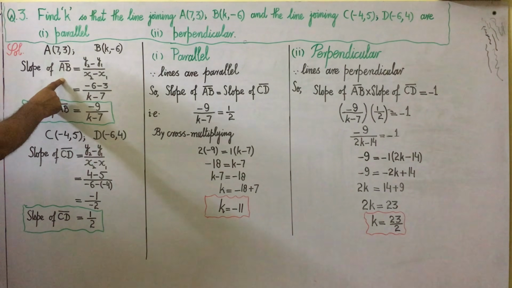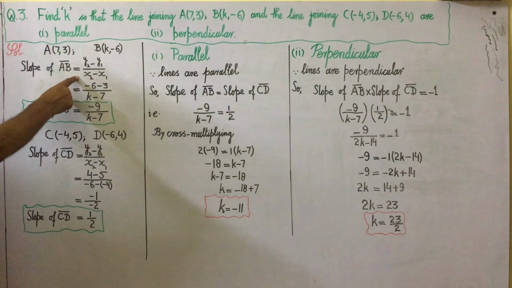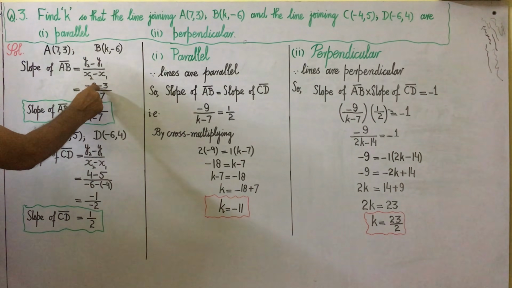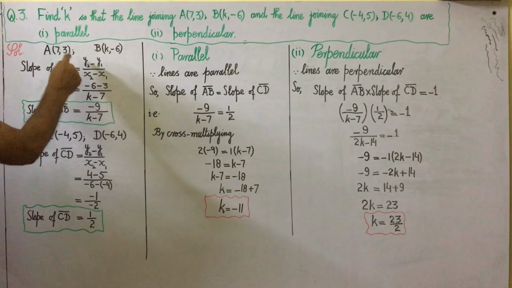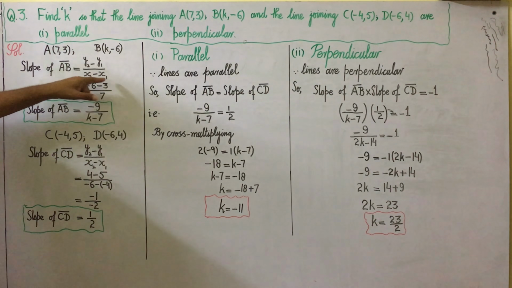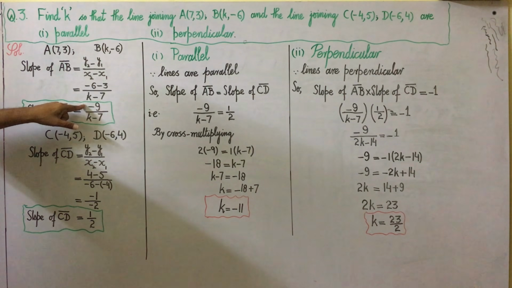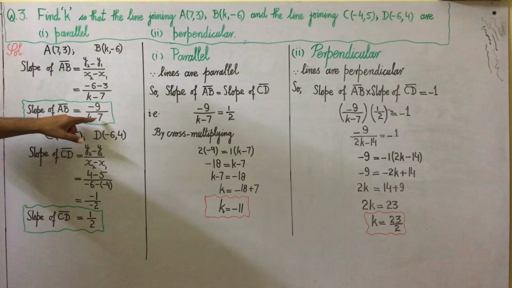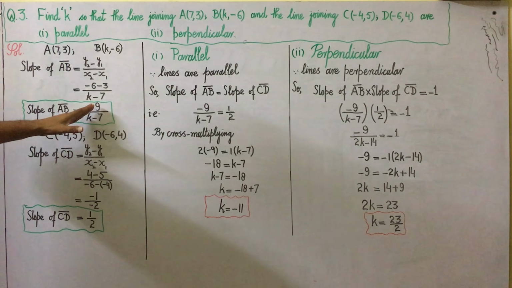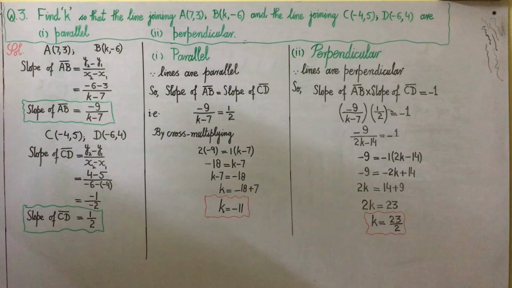Slope of AB, y2 minus y1 over x2 minus x1, y2 is -6, minus y1 is 3, x2 is k, minus x1 is 7. So -6 minus 3 is going to be -9 over k minus 7. Slope of AB is equal to -9 over k minus 7.